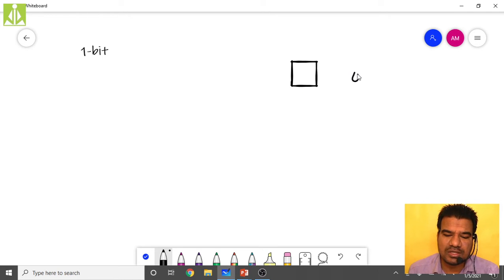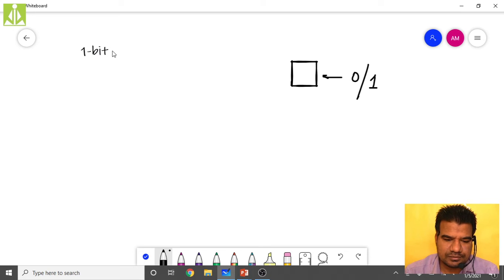Either 0 or 1, none of the others. Hopefully you understood, because we don't have any other characters in the binary alphabet. We have either 0 or 1, and this bit of memory is capable of storing either 0 or 1.